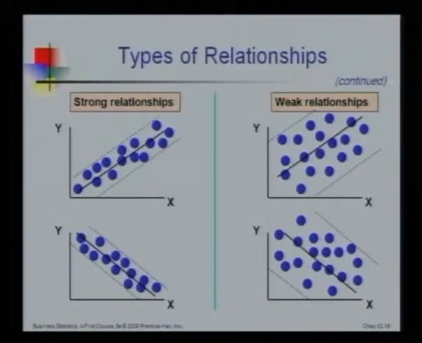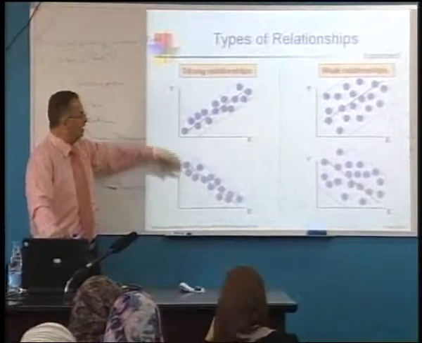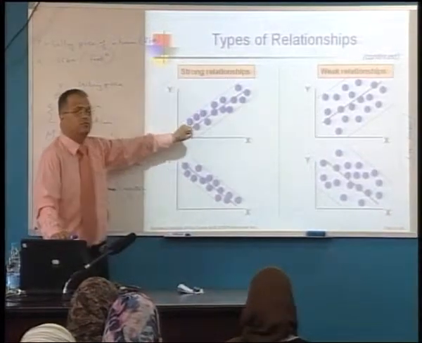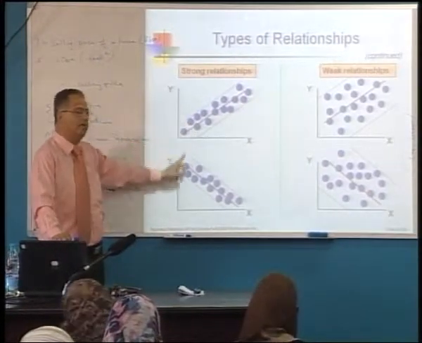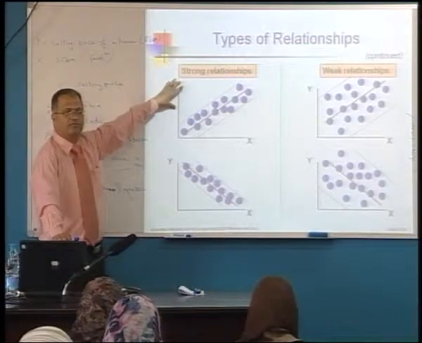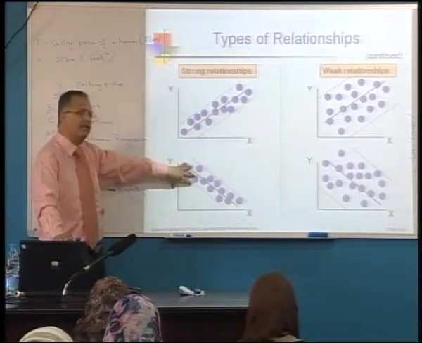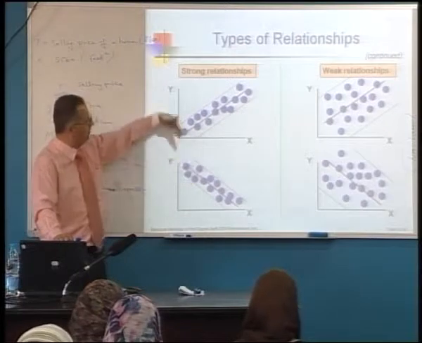Now, another type of relationship is the strength of the relationship. Here, the points, either for this graph or the other one, are close to the straight line. It means there exists a strong positive relationship or strong negative relationship, so it depends on the direction.